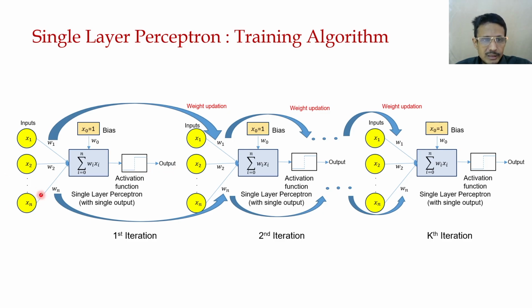Since these weights were not chosen accurately, there is some error. This error is used to change these weight parameters so that the error is reduced, and that is the weight updation algorithm.